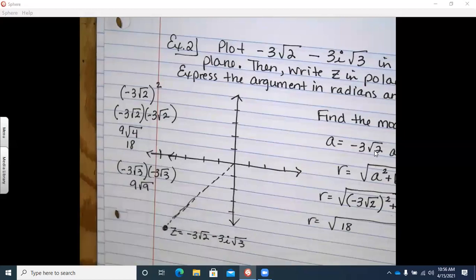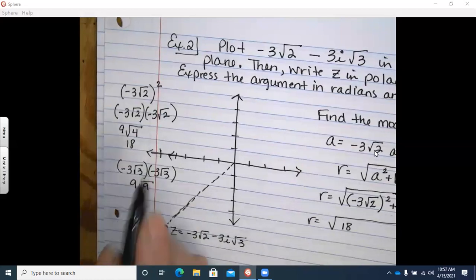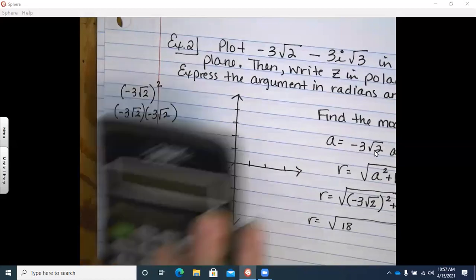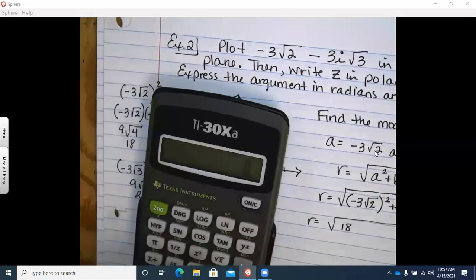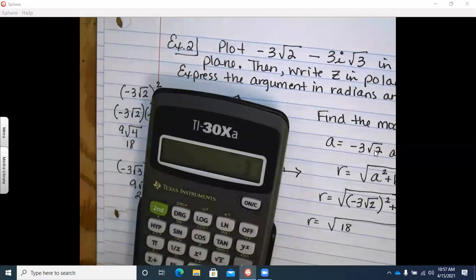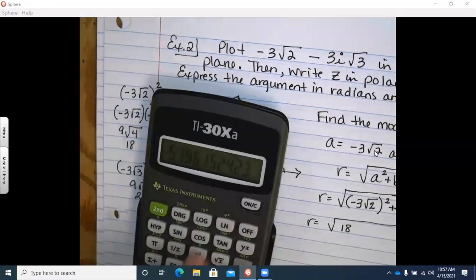What's the square root of 9? 3 times the 9 that's on the outside, 27. Let me just try it in my calculator. Open parentheses, negative 3 times the square root of 3, close parentheses, squared. Yes, got the same thing.